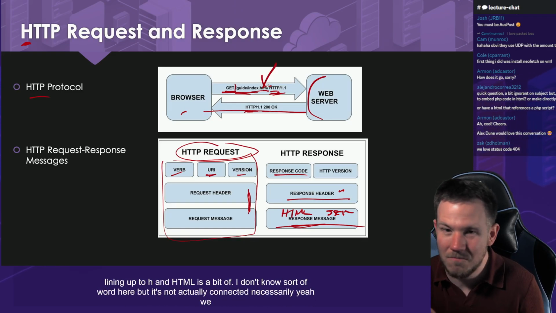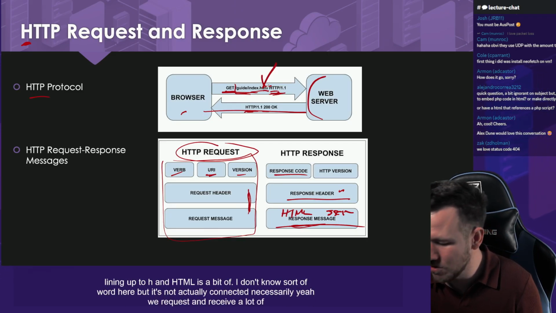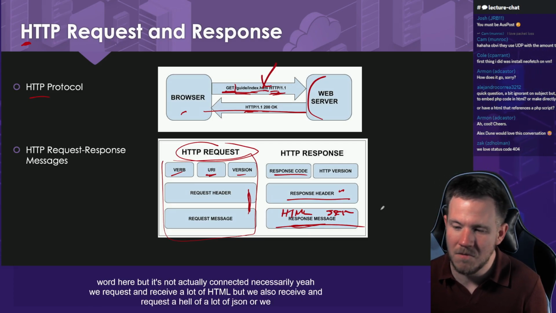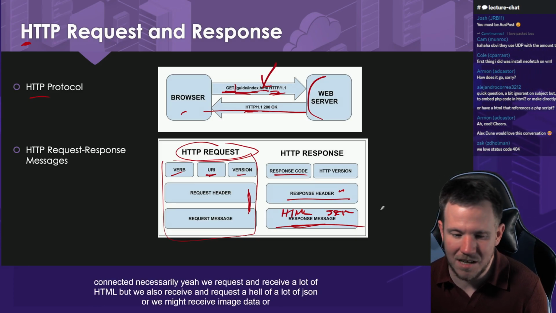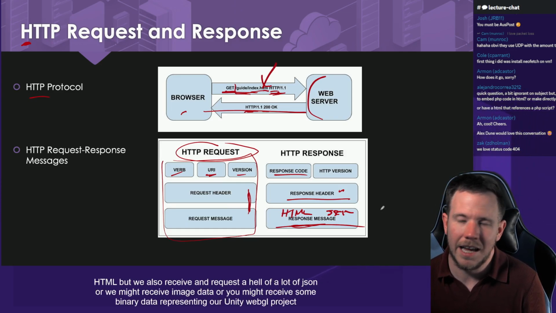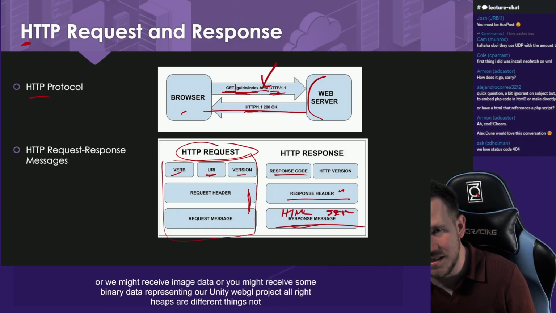We request and receive a lot of HTML, but we also receive and request a hell of a lot of JSON, or we might receive image data, or binary data representing our Unity WebGL project. Heaps of different things, not just HTML, are sent over HTTP.